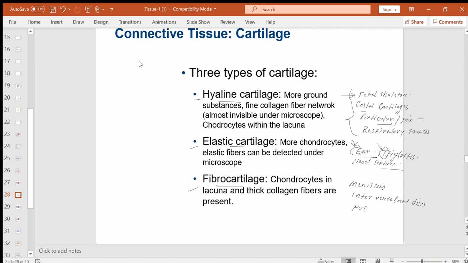This cartilage connects two hip bones together. Okay, so these are the three structures formed by fibrocartilage. Okay, so let's stop here, and in next lecture we'll finish rest of the connective tissue and muscle tissue and neural or nervous tissue.